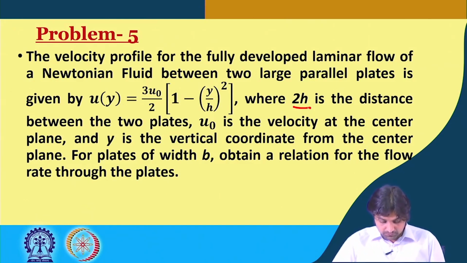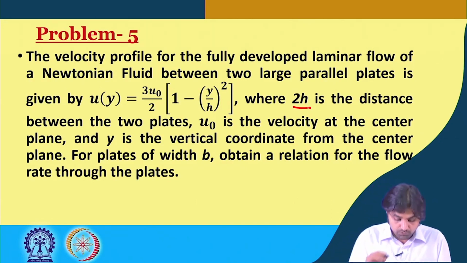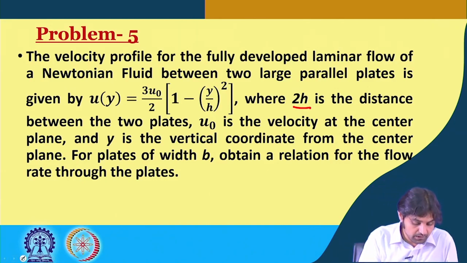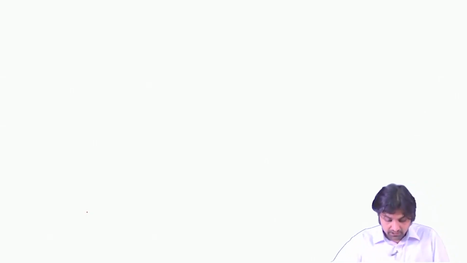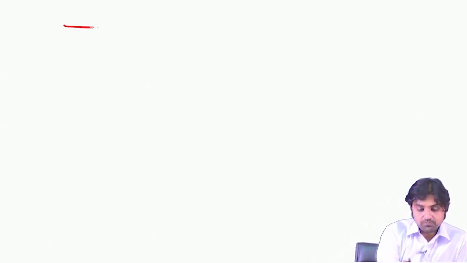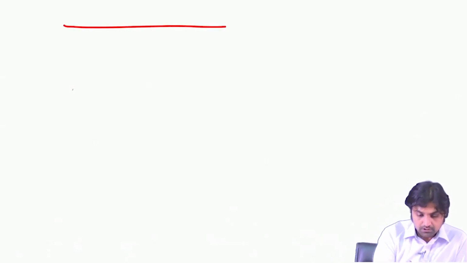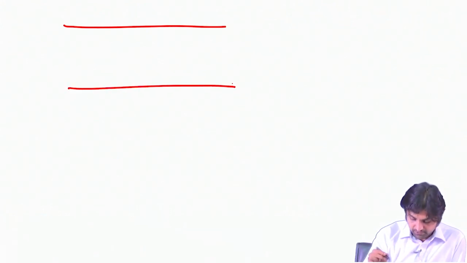Okay. So what we are going to do, we are going to solve it, and as always we are going to use the white screen. First of all, it is more important to draw the plates. Okay.